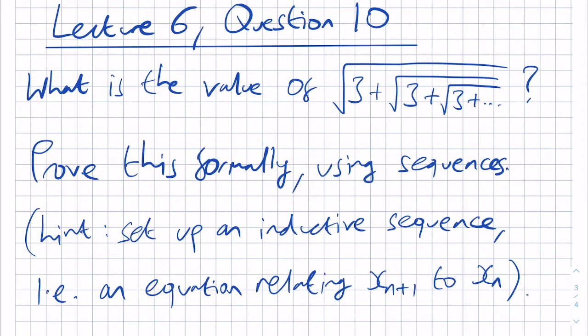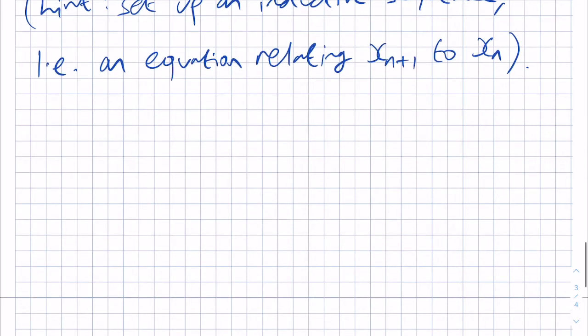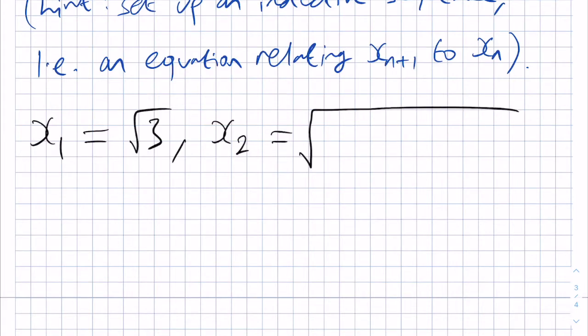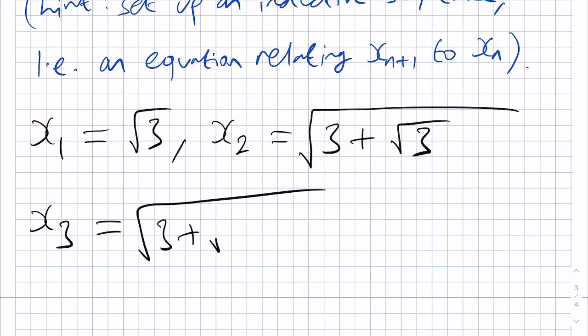In order to get a sequence from this infinite recursion of square roots, we can start with a sequence that looks like x1 equals the square root of 3, and then x2 equals the square root of 3 plus root 3, and then x3 equals the square root of 3 plus the square root of 3 plus the square root of 3, all nested inside one another, and then continuing on in the same way.